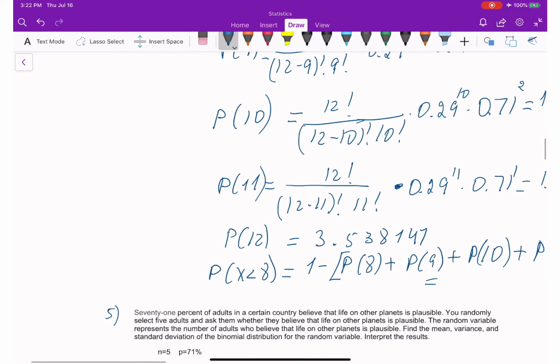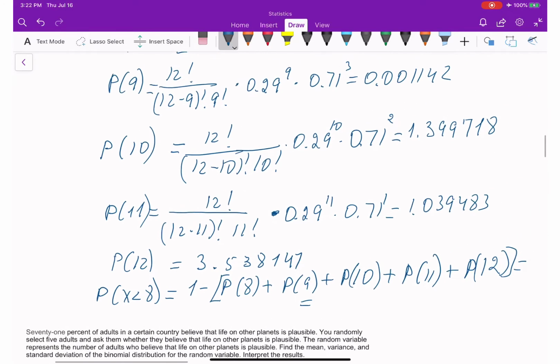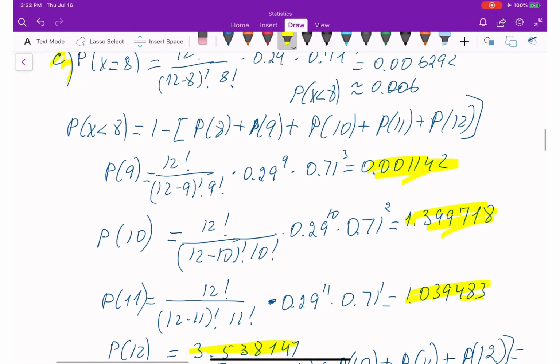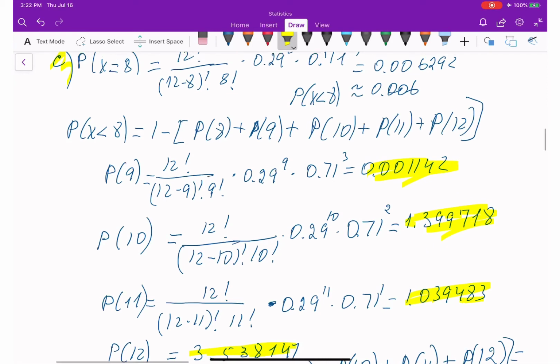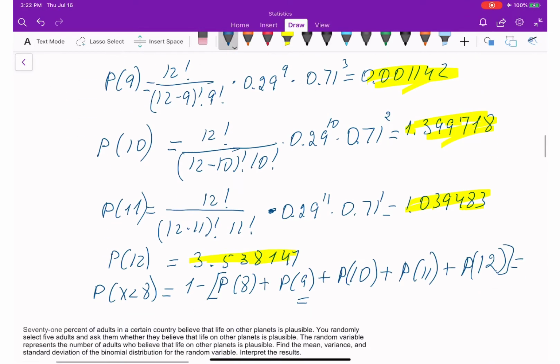You don't want me to sit down and subtract all these probabilities. You need to add all these together and then subtract from 1. That's it. There is not a big thing in there. And where is our 8, it is 0.06. Okay? All right.